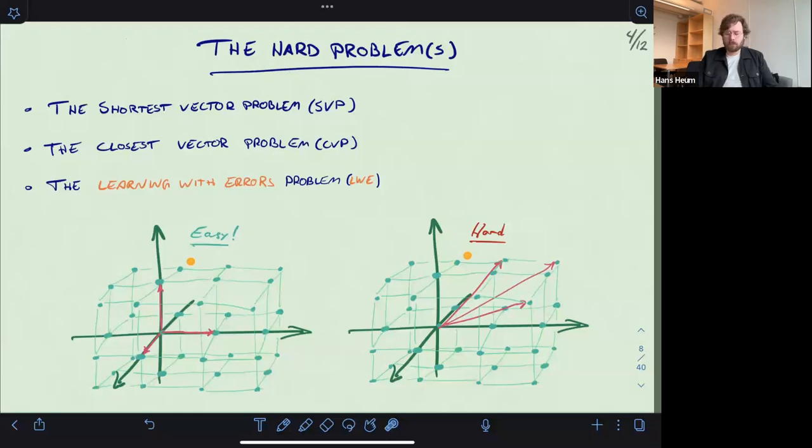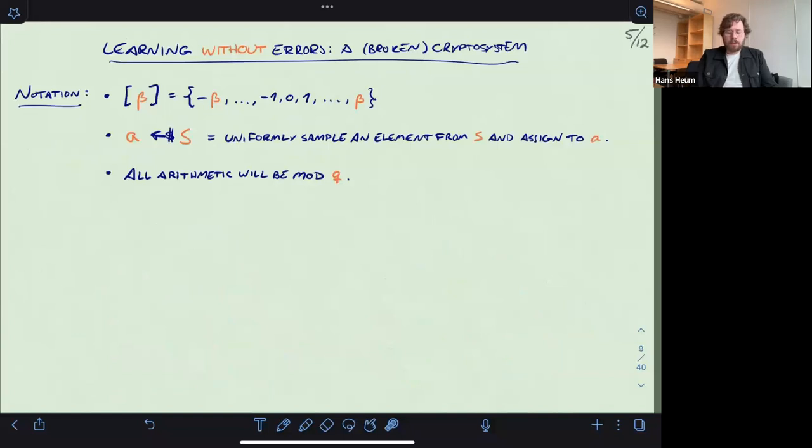All right. So to get into the nitty-gritty, we start with learning without errors, which is a crypto system which is not safe. So just to introduce some notation, first of all, we do all our arithmetic in mod Q. So this is all modular arithmetic.